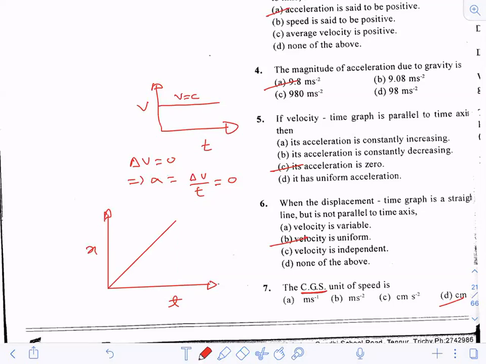Now if you see here, you have xt curve and this is the slope, theta, or rate of change of delta x. So this is delta x, this is delta t. Now this is a uniform slope line. So here slope is constant.